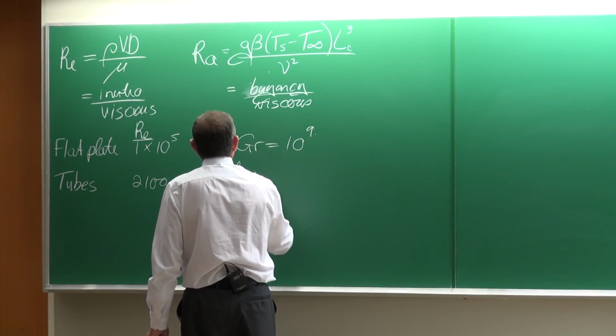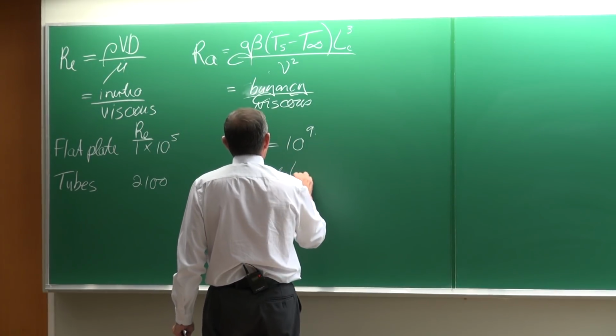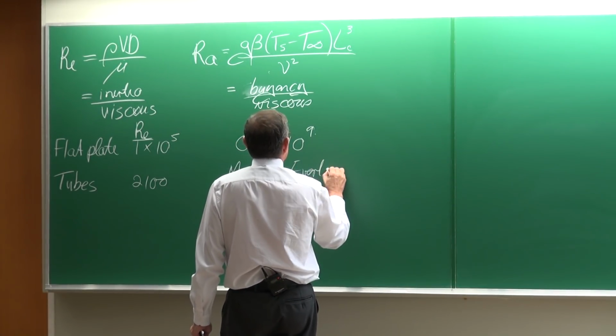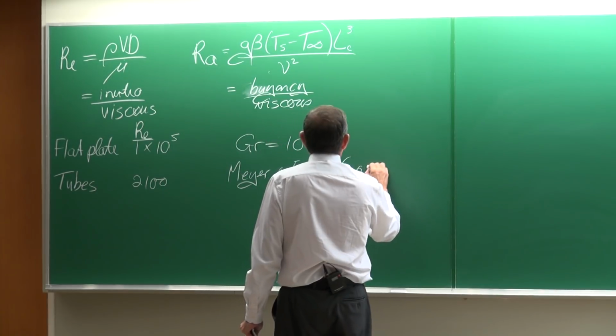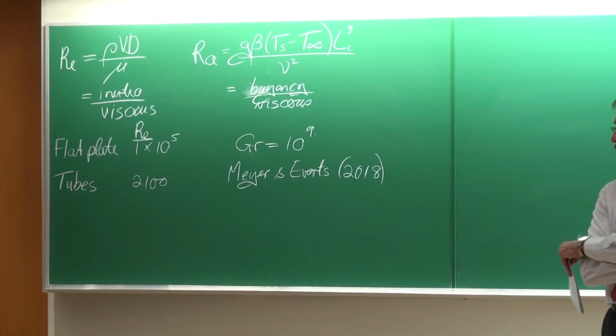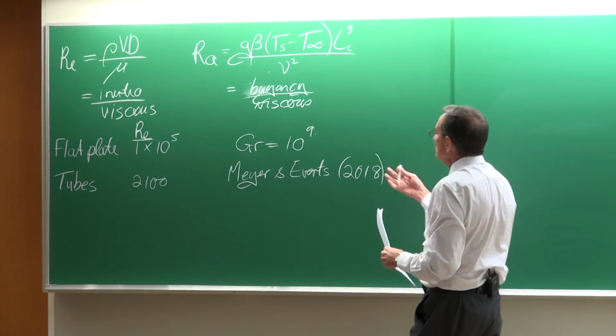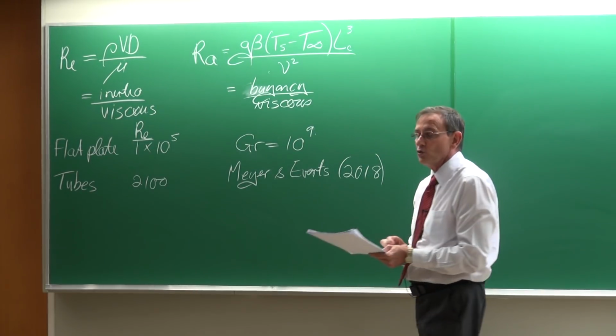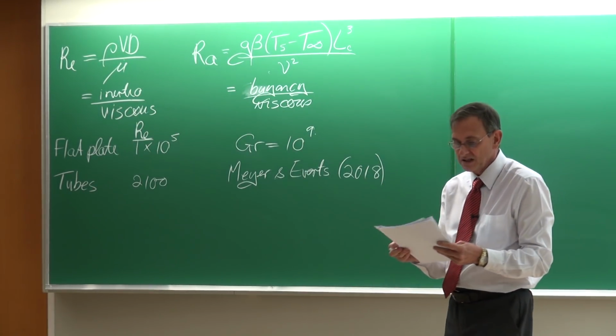If you want that result, you can look in Meyer and Everts 2018, and there you will get the correlations that determine when the flow changes from laminar to turbulent in a circular tube, as well as the so-called mixed convection characteristics.